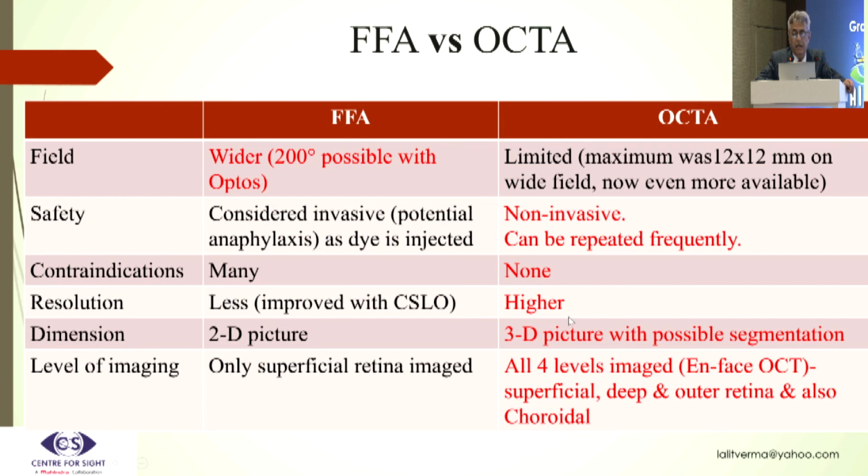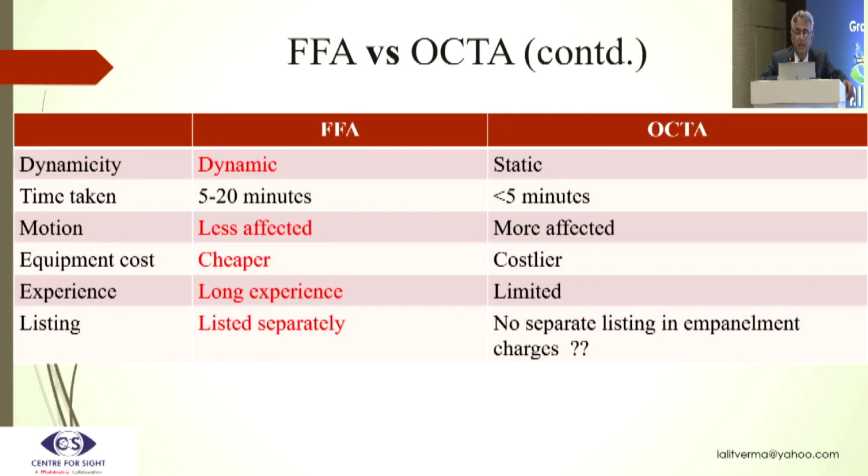And a big advantage is this en face imaging, that all 4 levels can be segmented: superficial, deep, outer retina, and even choroidal. But FFA is known for its dynamicity, plus fewer of these artifacts. Equipment cost is cheaper, and then there are decades and decades of experience.